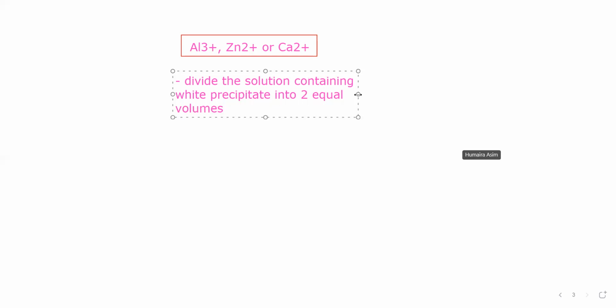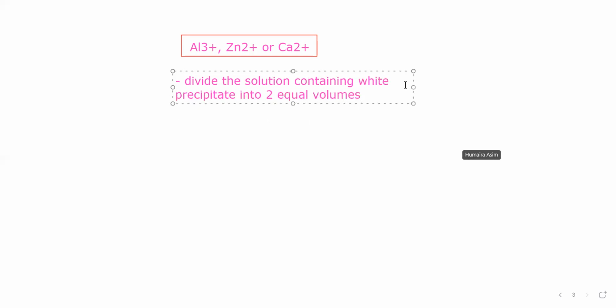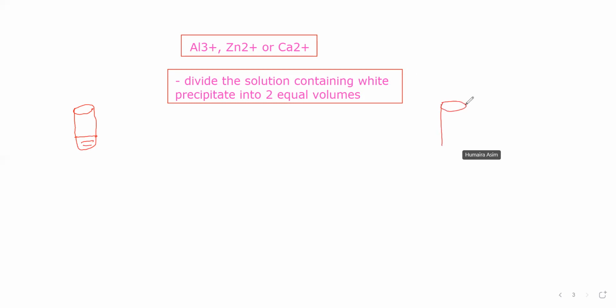So after I have divided it into two equal volumes, let's say this is my test U1. Here I have one, and here I'll have the other, right?